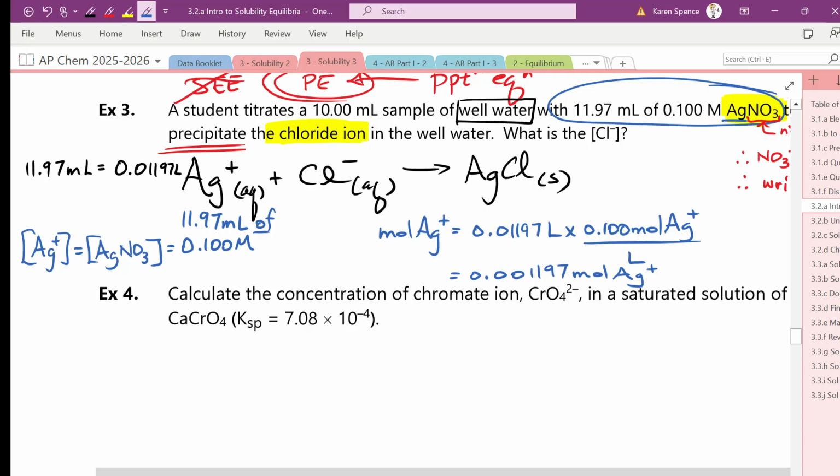So far, so good? Okay. What do we know about the chloride? What can we say about our moles of chloride compared with our moles of silver?